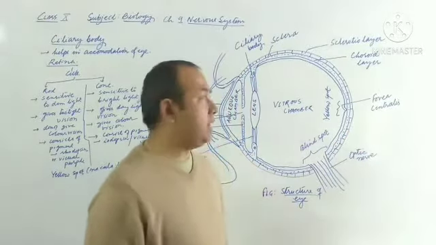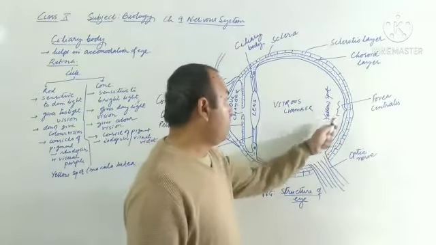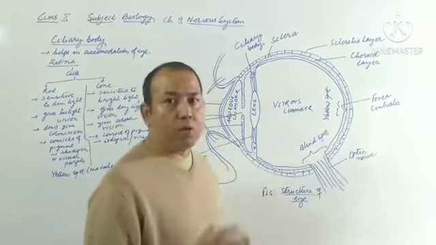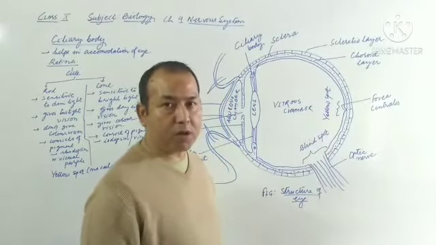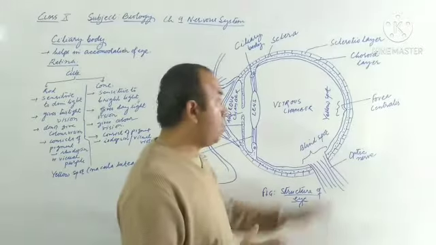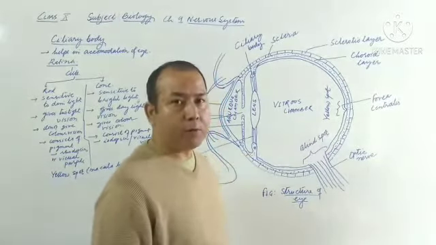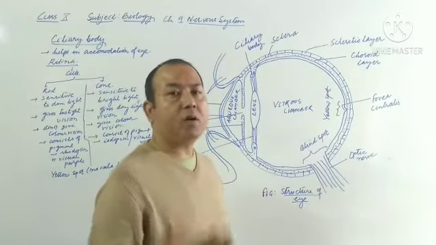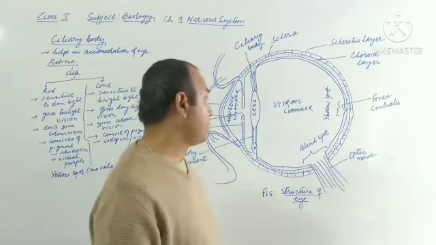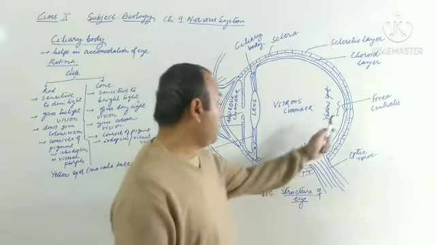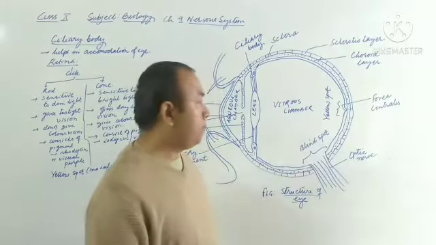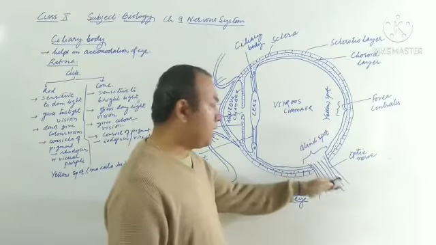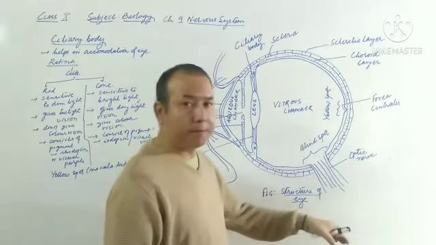Now you need to understand that in the yellow spot region, more cone cells are present as compared to rod cells. As you go away from the yellow spot, cone cells decrease, but rod cells keep on increasing. There is a region in the retina where all the nerve fibers leave the eye.